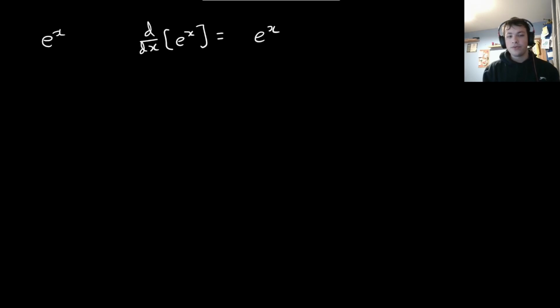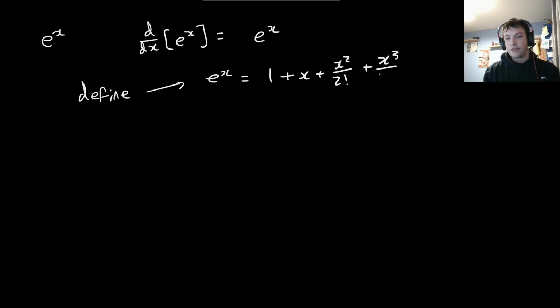There are two different ways this is generally done. Either e to the x is given by 1 plus x plus x squared over 2 factorial plus x cubed over 3 factorial and so on.